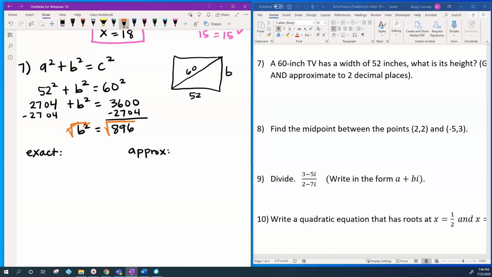What did you guys come up with when you simplified this square root?